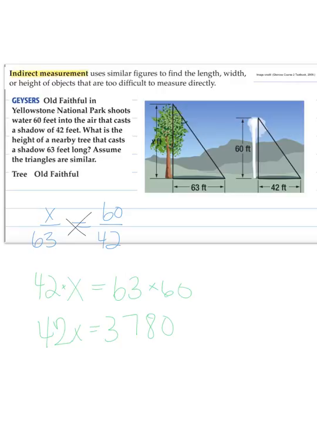Get rid of the 42, so we divide both sides by 42. So 3,780 divided by 42, x equals 90. So the height of the tree is 90 feet. So that's how we can solve using indirect measurement.